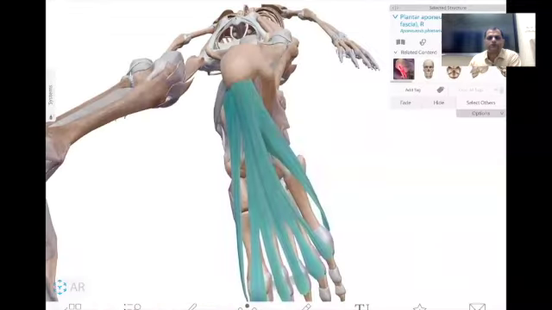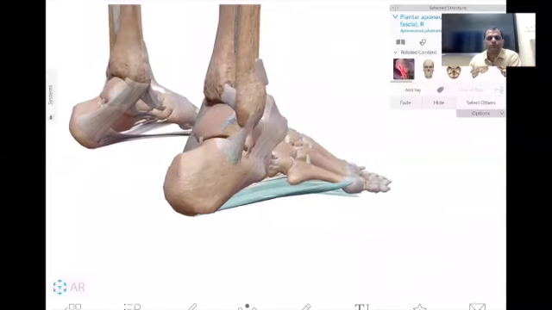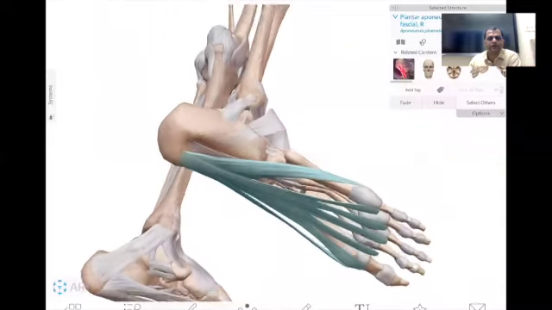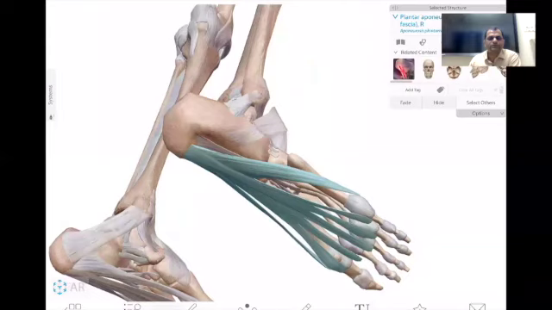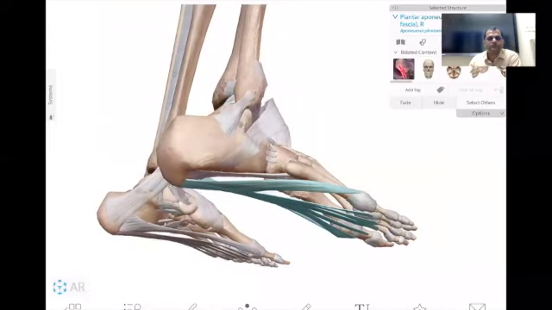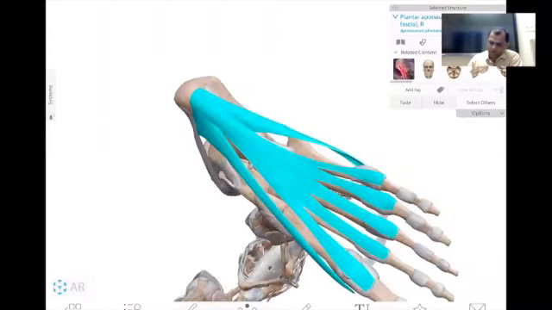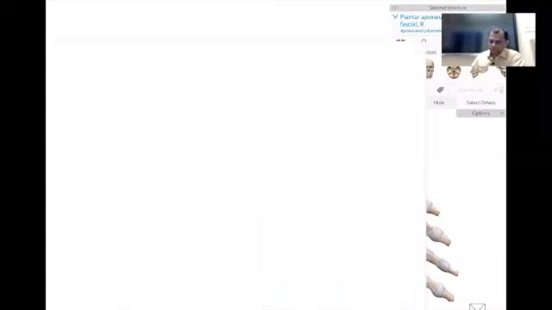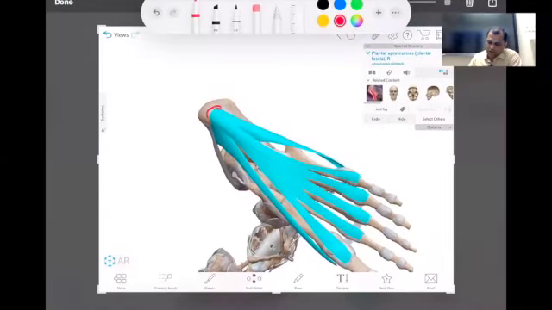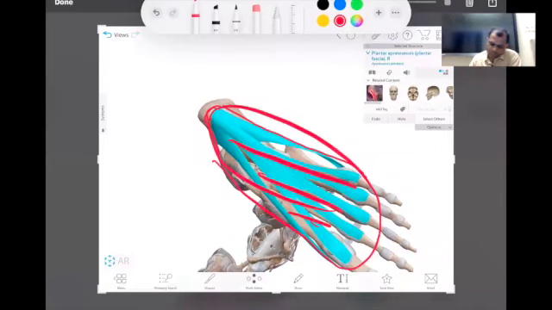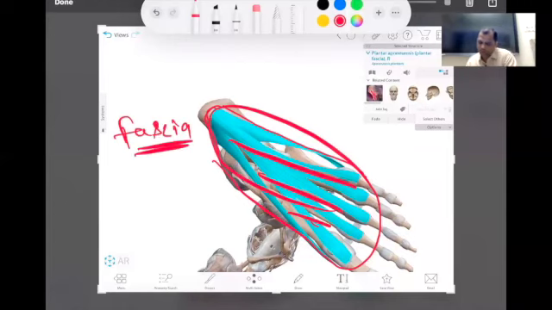In our body there are lots of structures: bones, fascia, ligaments, muscles, blood vessels. So this is the fascia we can see here. The fascia is spreading from here till here. These are all the fascia. The name of this fascia is plantar fascia.